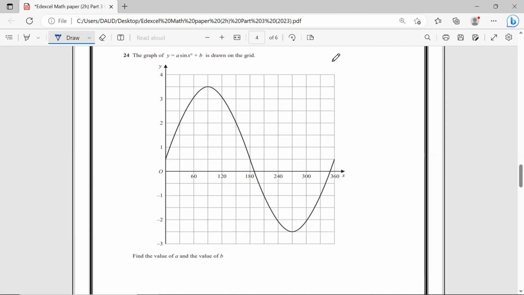So the first thing in this graph is stretch, and the stretch factor is a, parallel along y-axis.